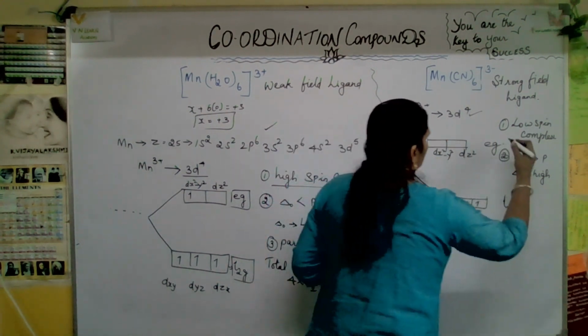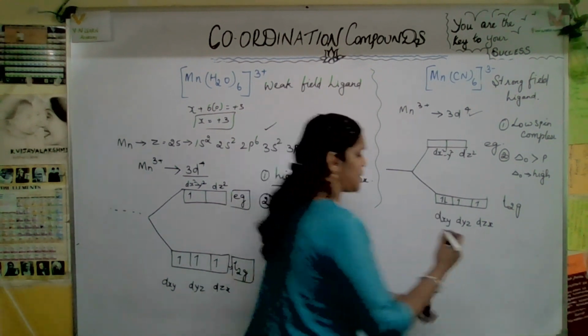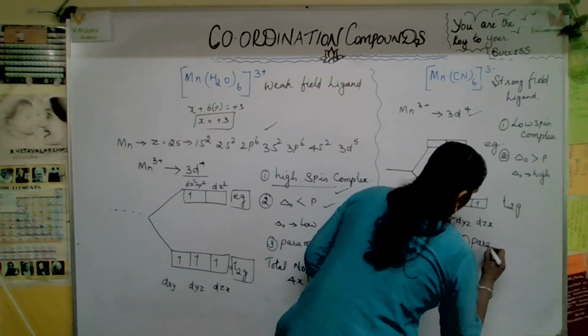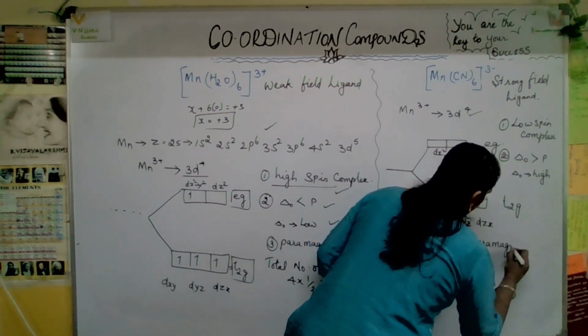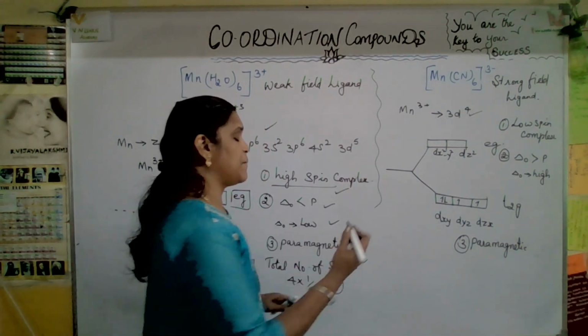Okay, now next one. Third, magnetic property. Of course, this is paramagnetic only.